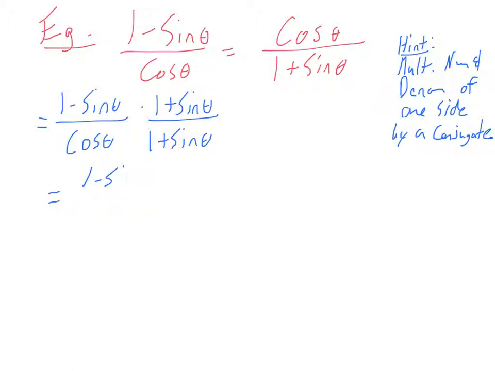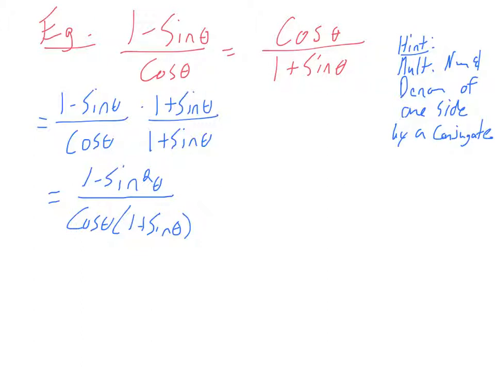And on the bottom, I will get cosine theta times 1 plus sine theta. Now, what does 1 minus sine squared theta equal?